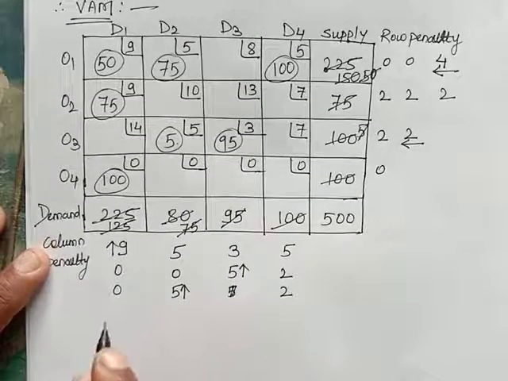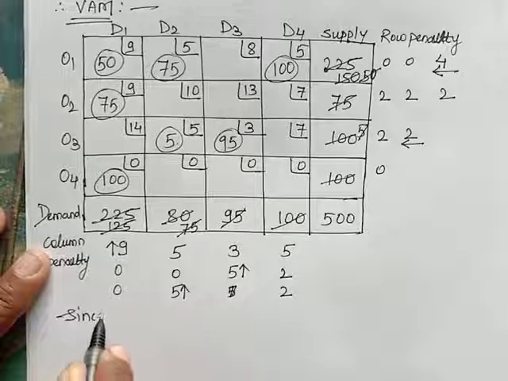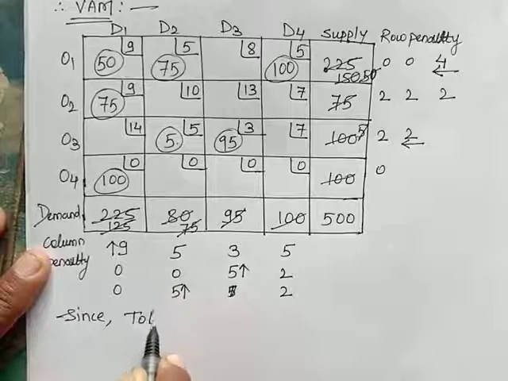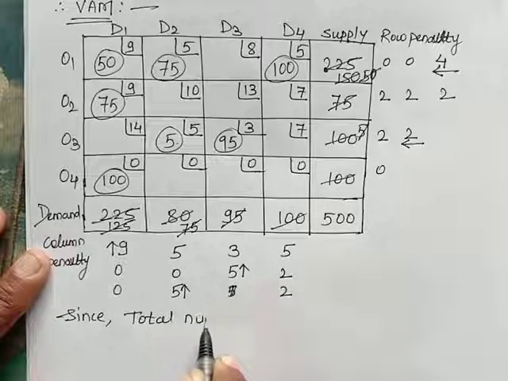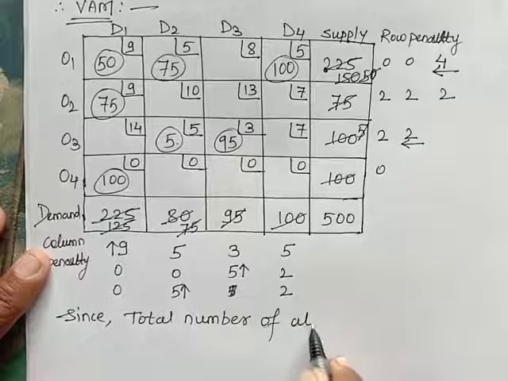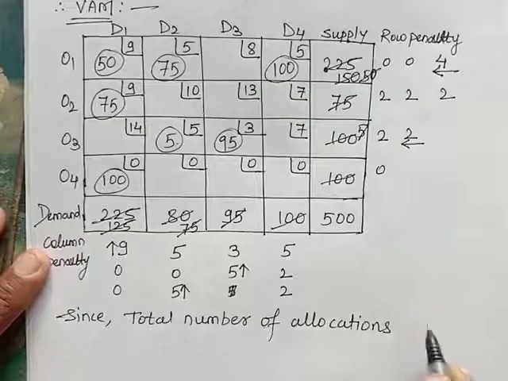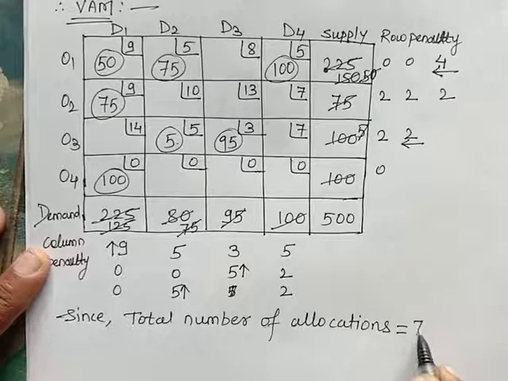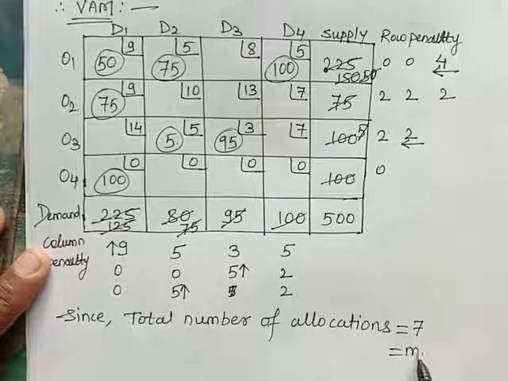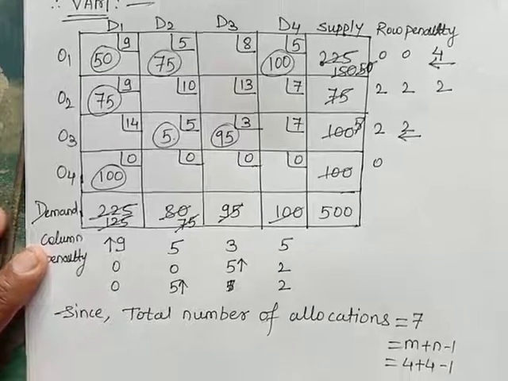Now further, since the total number of allocations is 7, and that is equal to m plus n minus 1, which is 4 plus 4 minus 1, that is also 7.